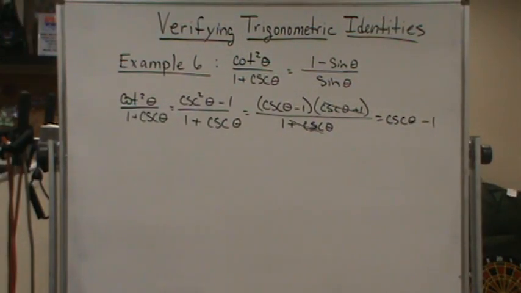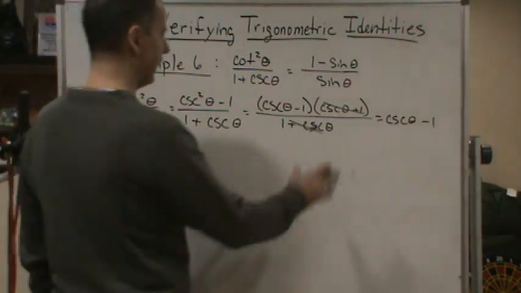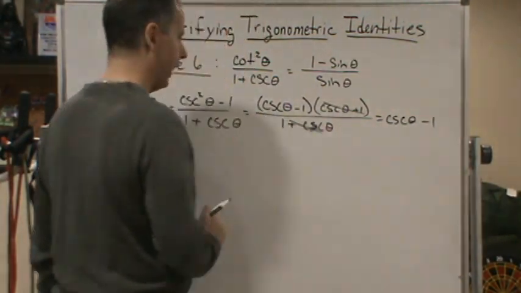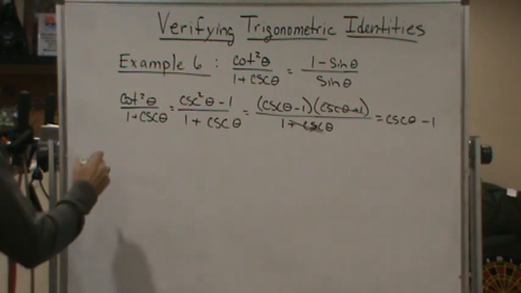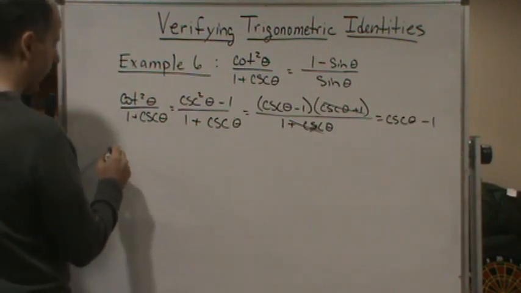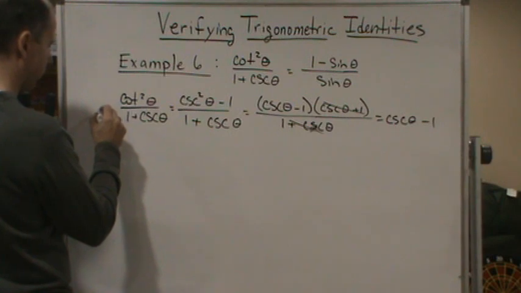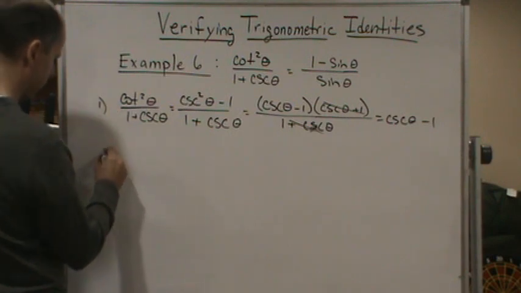So now my hope is I can take this side and get the same thing. So let's do it. Okay, so now let's start with, I'll put a 1 here, and let's do 2.